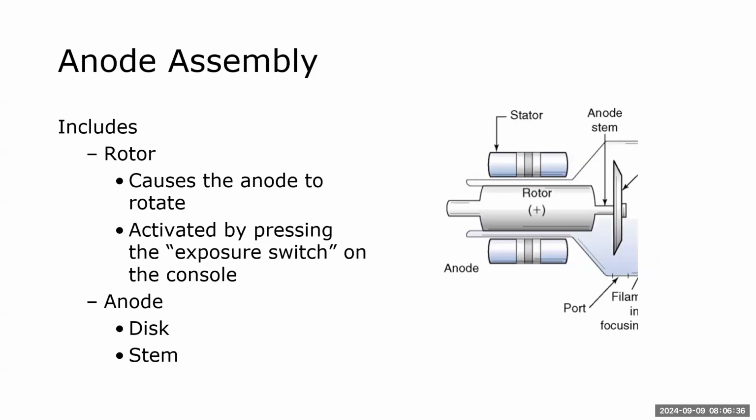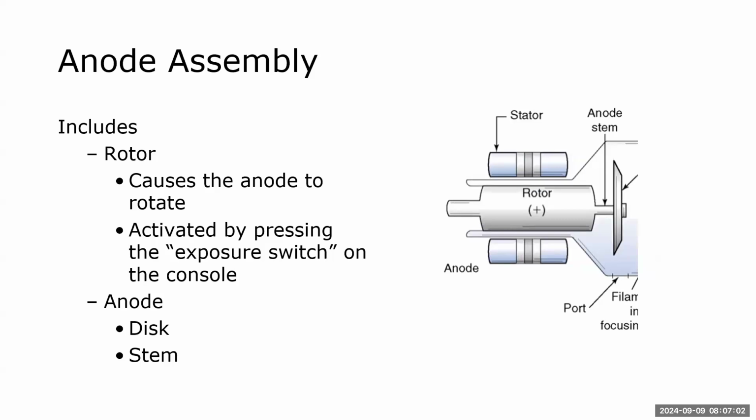And then the anode assembly is going to include the rotor, which causes the anode to rotate. It's activated by pressing the exposure switch on the console. So if you remember being in the lab, when you press the exposure button halfway, you can hear it start to spin. And that's what you're hearing when you hear that first noise.